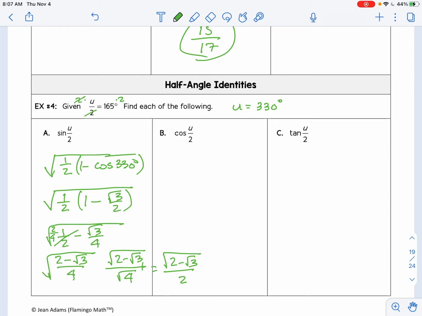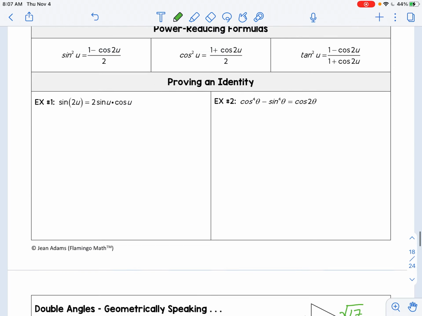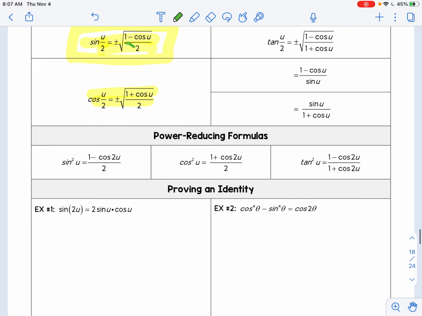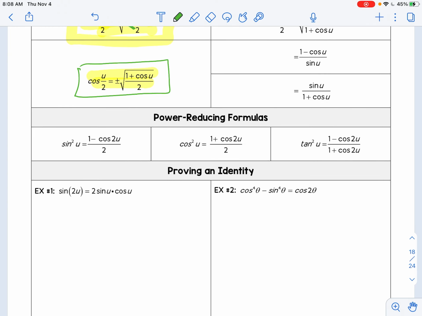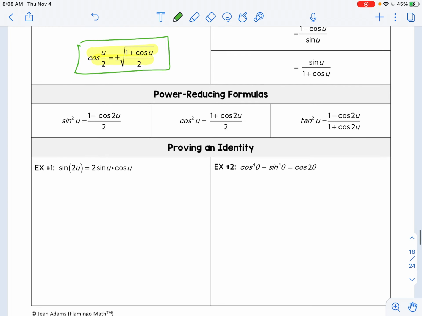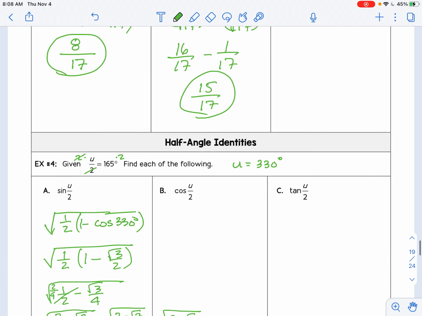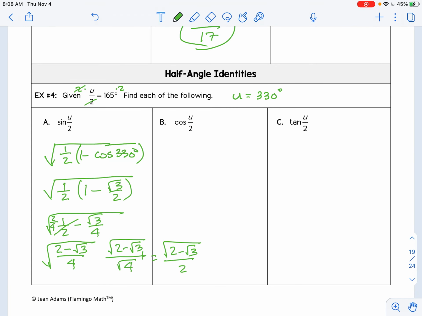Okay? Let's see if we can do that one more time here with this one. So cosine of u over 2 is here. So if we have that one, what we're going to look at here is rewriting that. So it's 1 plus u over 2 on the inside. So this time, let me leave it like that. A lot of times it's easier if you pull the 1/2 out in the front, but let me just use that one for this one.